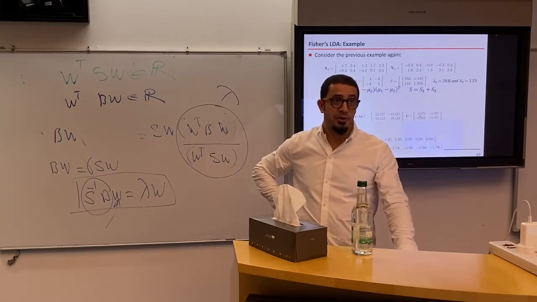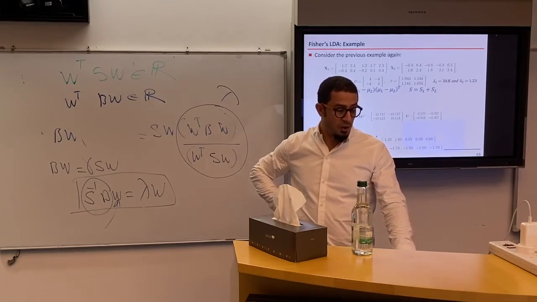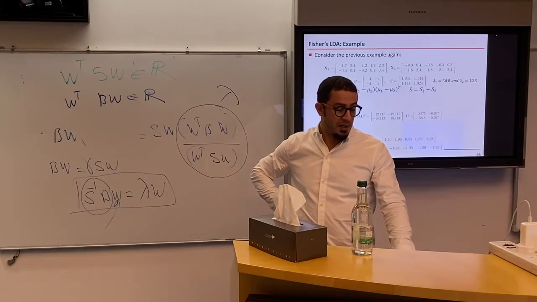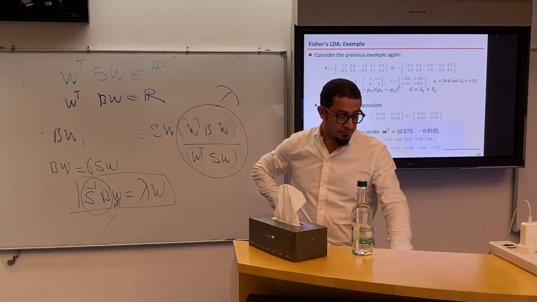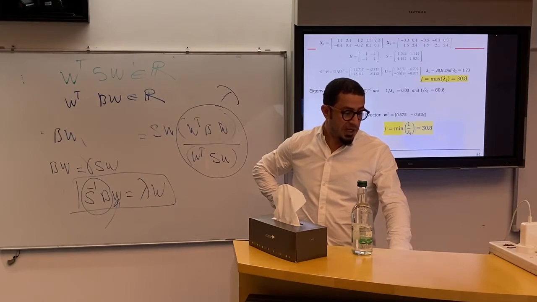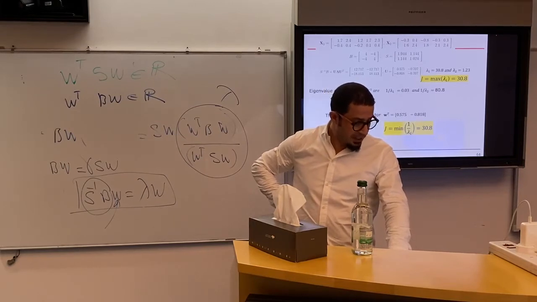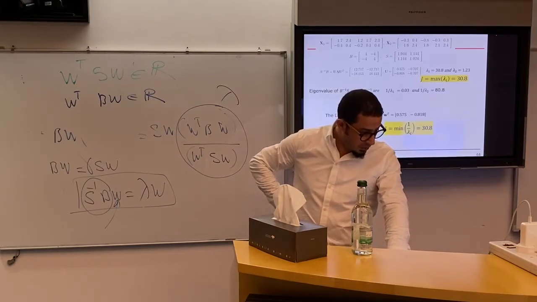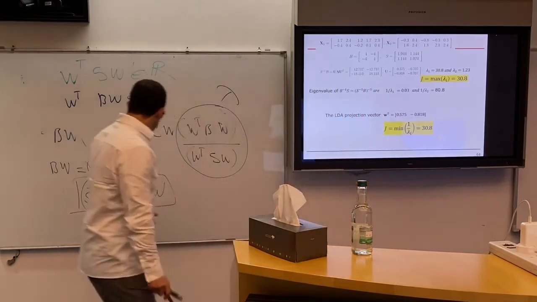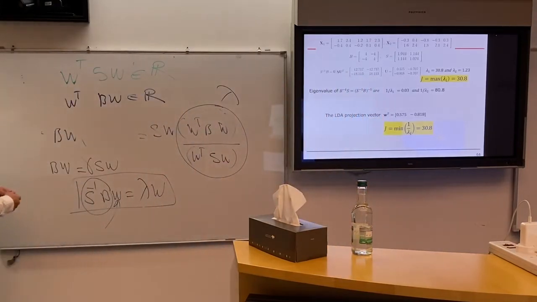So what is the first one here? You have to do the projection of all your data on W, this one, for class 1 and for class 2. Same way here, I'm just doing it again. Look at this, this is my main equation, right?